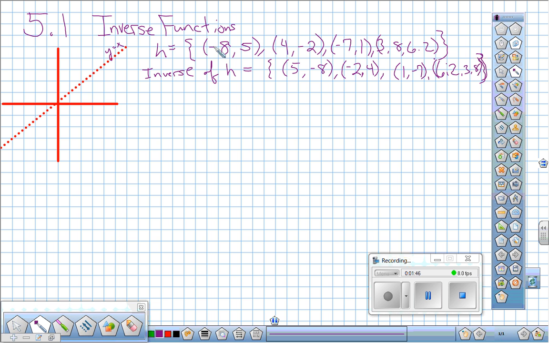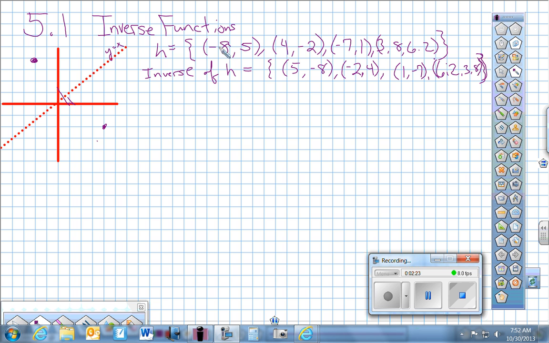So I can't graph (-8, 5), but (4, -2) is now going to go to (-2, 4). And if I drew a line here, it would make 90 degrees with it. Not that that really matters. All that we're doing is graphing the inverse if it asks you to graph them, which most of the ones with points are not going to ask you to do. But everything gets flip-flopped across this.